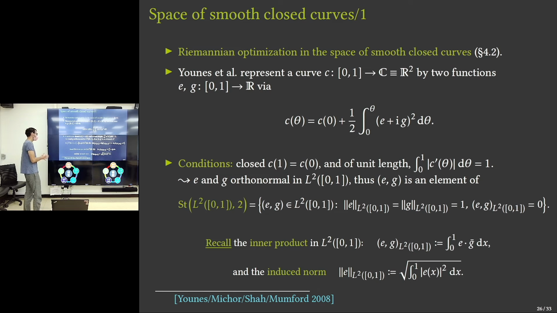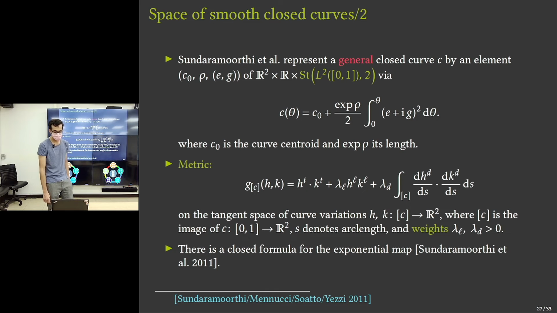Because in the end, of course, we discretize these things, so it will have some finite dimension, because we have to implement it on the computer. So it will not be L2 on the unit interval, it will be some finite discretization. Okay, then this was for curves of unitary length.